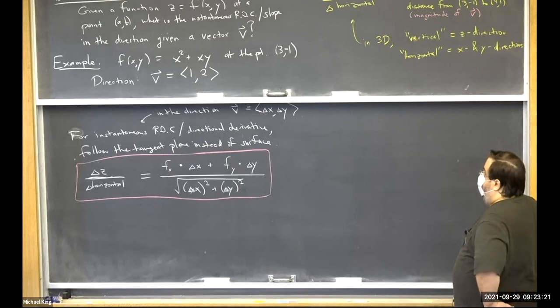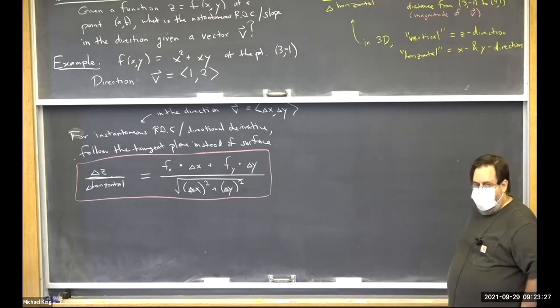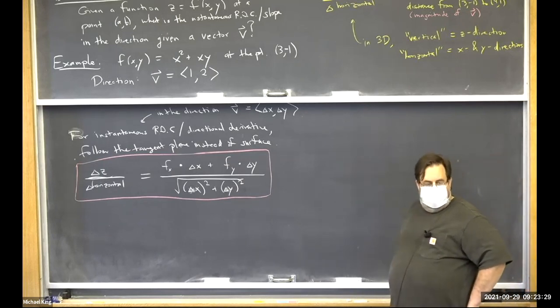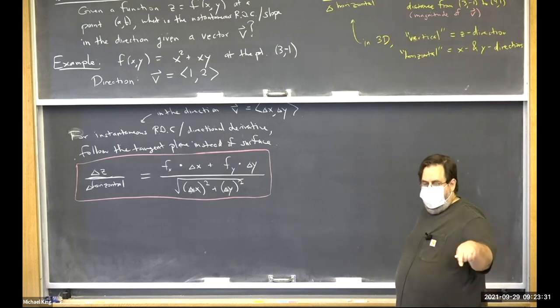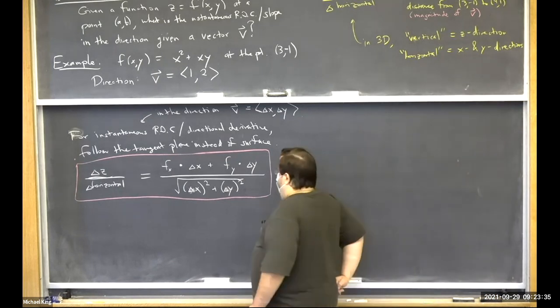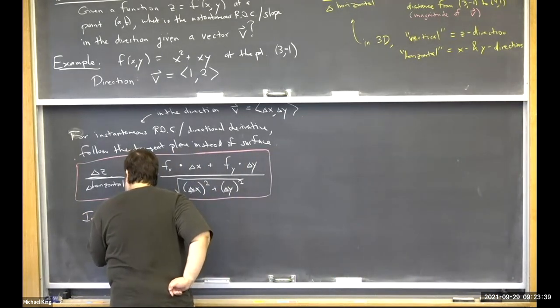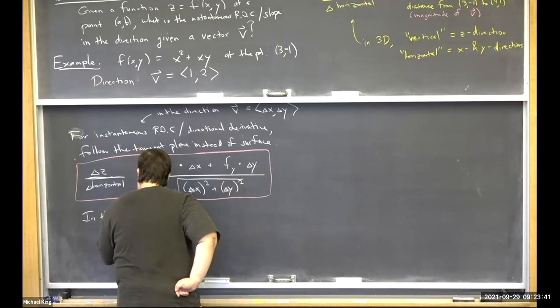But if we're just computing, let's follow the tangent plane and see the change in z along the tangent plane over the change in the horizontal movement, then this is what it is, okay? So in this example, maybe you should be computing ahead of me.